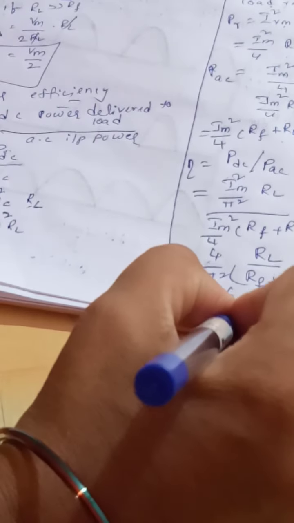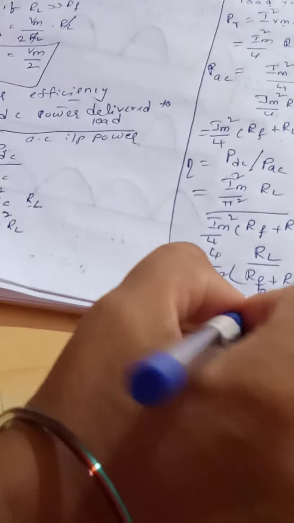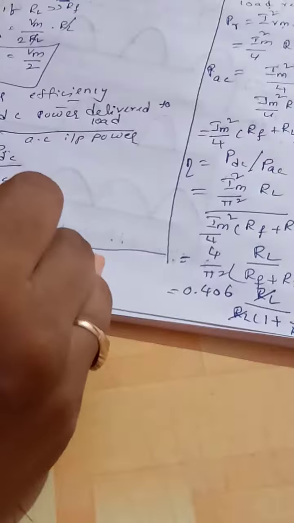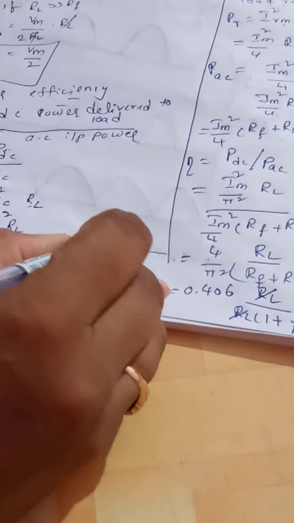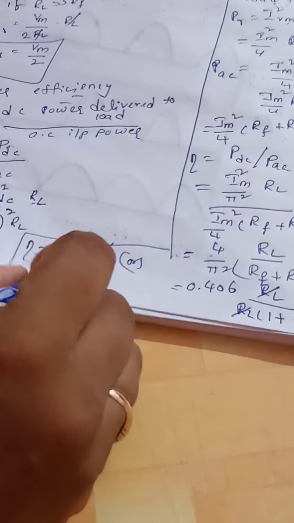Here I am taking RL as common, it becomes 1 plus RF by RL. RL strikes off, so efficiency will be 0.406 by 1 plus RF by RL.